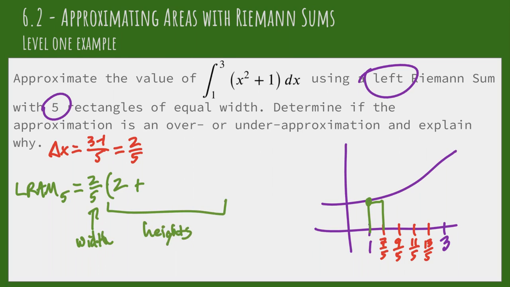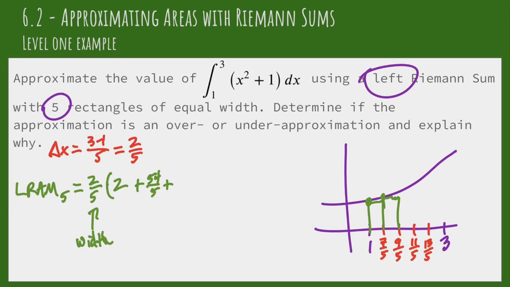And again, since all of the widths are the same, we can factor that out. So then we're going to have the width times f of 7/5. So f of 7/5 is going to be 7/5 squared, 49/25, plus 1 is 54/25. All right, and that's giving us the area of this rectangle right here using the left endpoint.